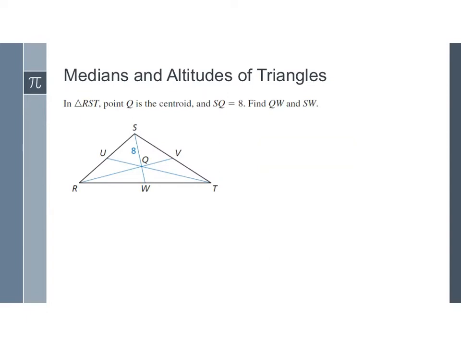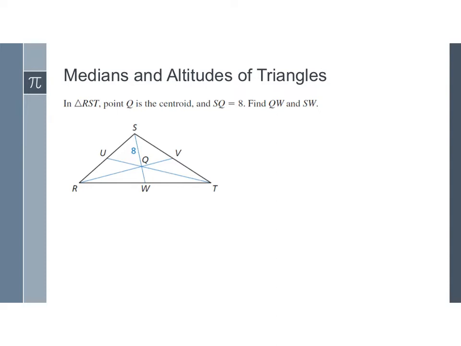So in triangle RST, point Q is the centroid, and SQ is 8. So if SQ is 8, find QW and SW. First let's see what we know.